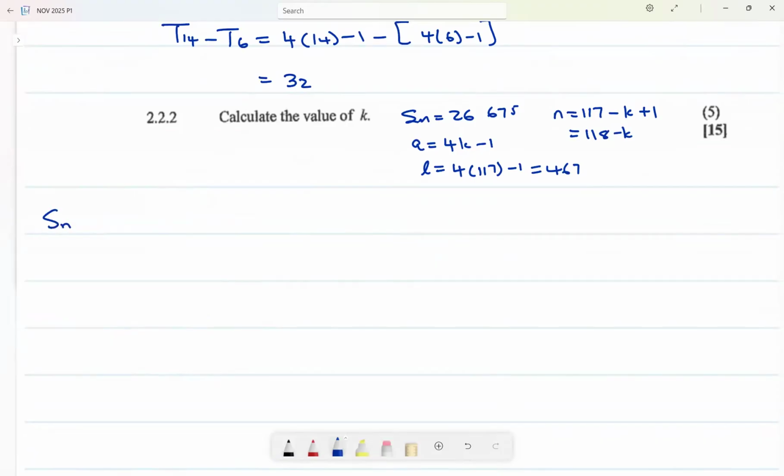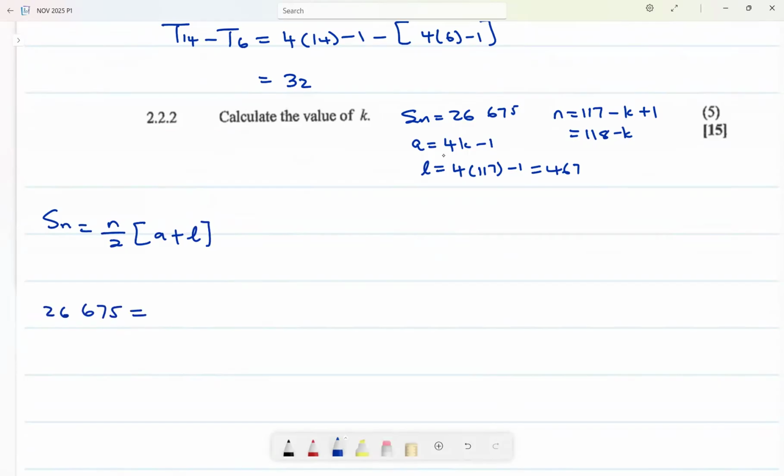Therefore, Sn, using this formula, N divided by 2 times A plus L, since I know the last term. Sn I'm already given to be 26,675.